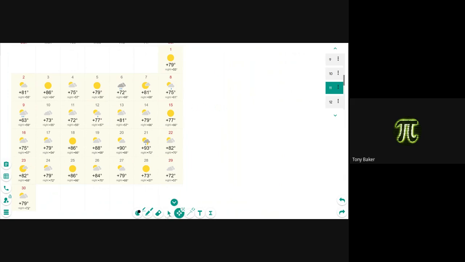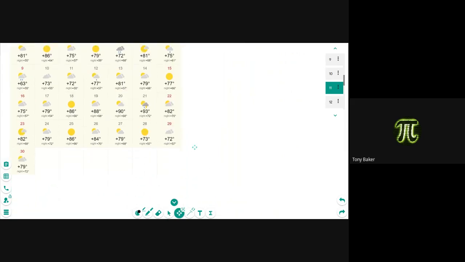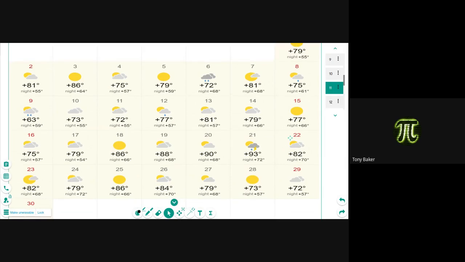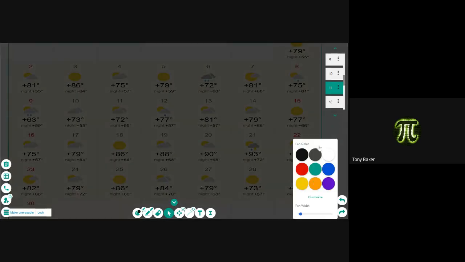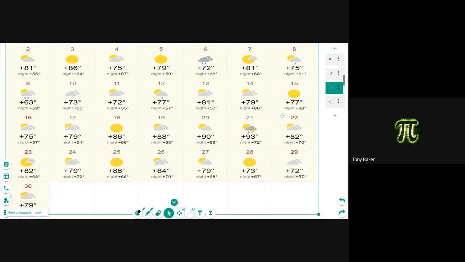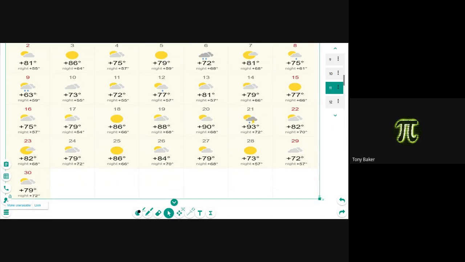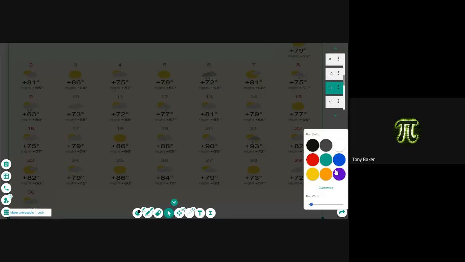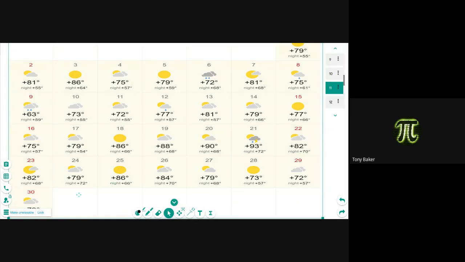I might be able to stretch it, but I don't know if I'm going to be able to. Make one for the daytime.